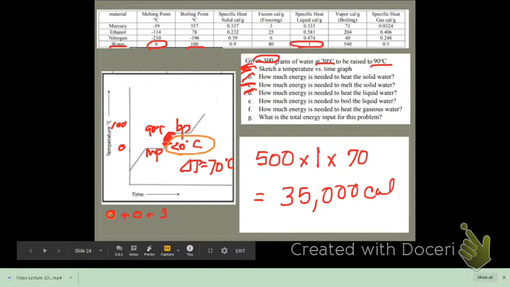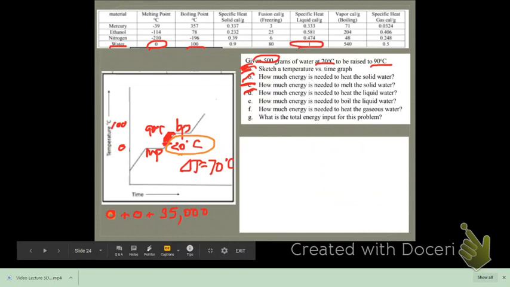So I'm going to put my 35,000. Okay. Then it says how much heat is necessary to boil the liquid water. Well, there is no boiling because it boils at 100 degrees Celsius. And I'm only going to 90, so that's 0.